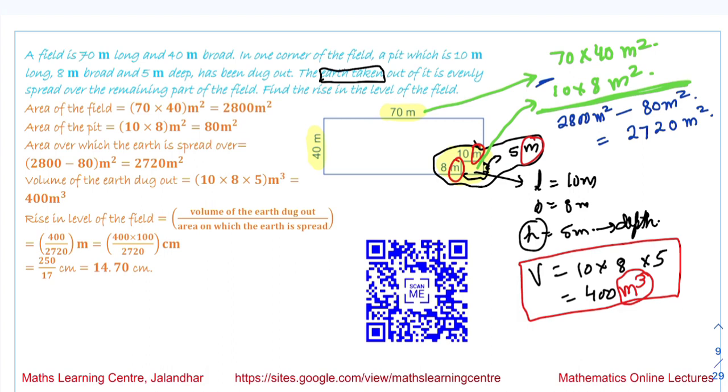Area of the remaining field means we are talking about this region over here. Now this much amount of mud is to be spread on this area of the field. So if we talk about the total volume over here, how can we calculate the volume?